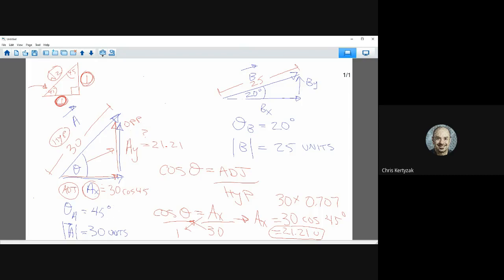And I know the hypotenuse, so I would have used sine. I'd say the sine of 45 degrees equals opposite over hypotenuse. And I'd say, well, the opposite is AY over the length of the vector, the magnitude, which was 30. And you would do the same sort of thing. You cross multiply, you end up with AY equals 30 times the sine of 45.